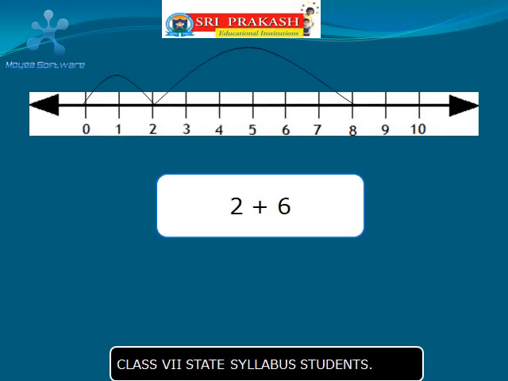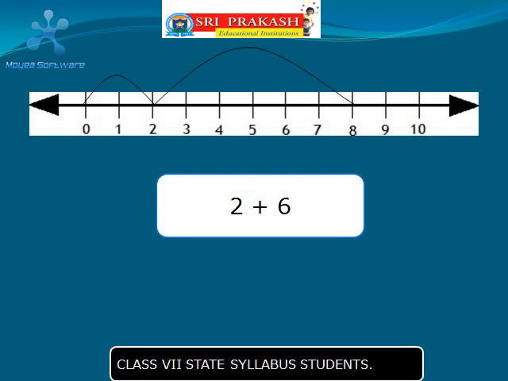Let us find the value of 2 plus 6 with the help of a number line. The first number is 2. So from 0, let us move 2 units or 2 spaces towards right. We reach at 2. The second number is 6.